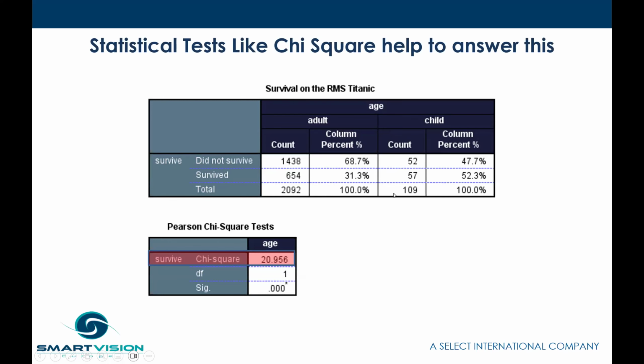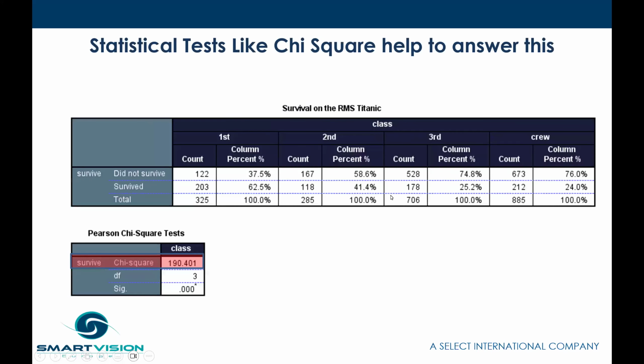And if we look again at the next factor, it would be class of travel. We can see that 62% of those in first class survived, 41% of those in second class survived, 25% of those in third class survived, and 24% of the crew survived. That also produces a chi-square value, and we have a significance or probability value associated with that.